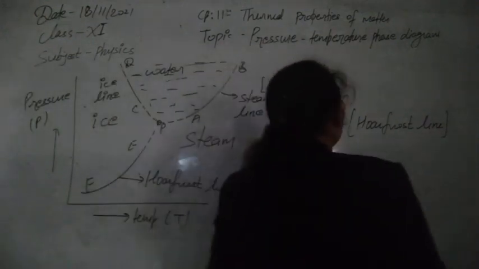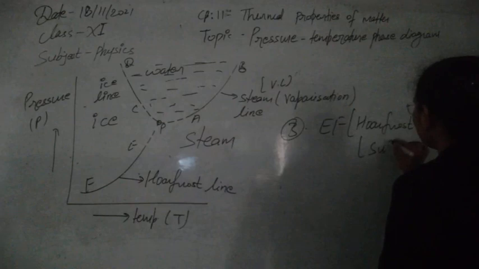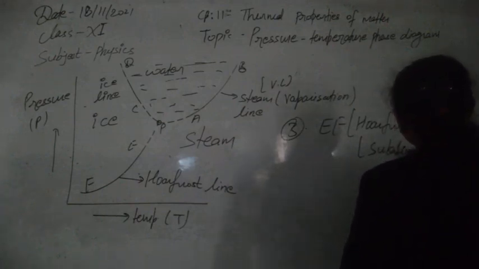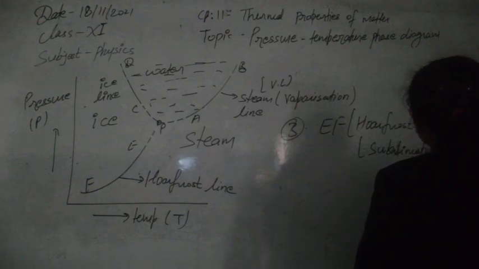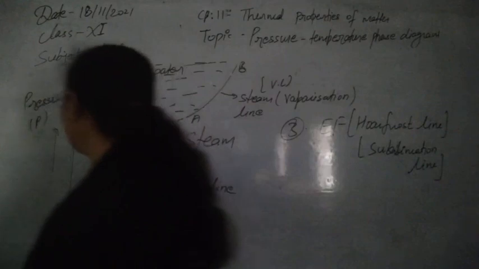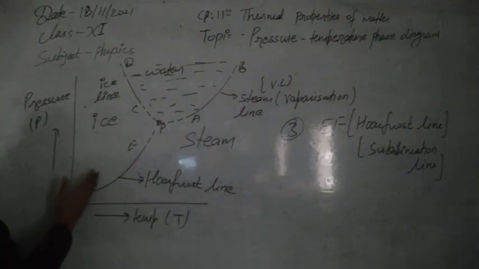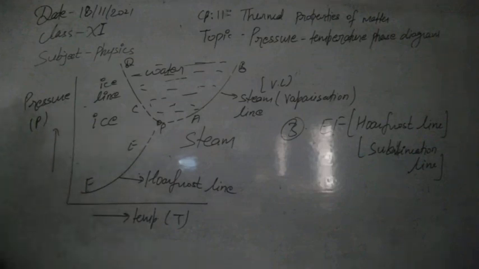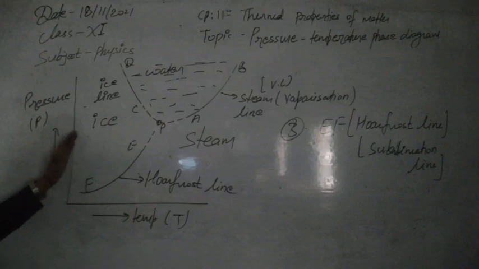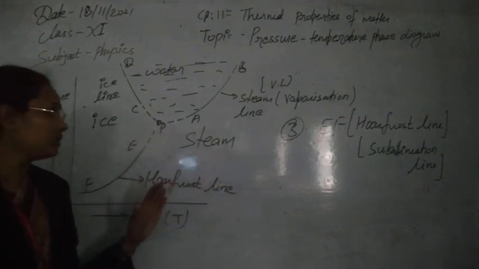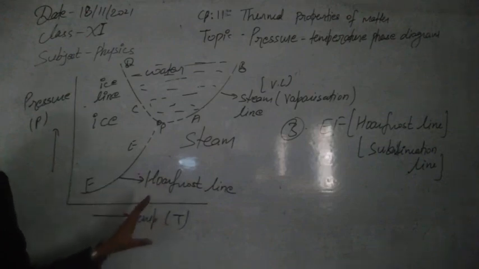But in general it can be written as the sublimation line. The sublimation line says that on this side, for lower pressure and lower temperature, it will be in ice form or solid form, but for higher temperature it will be in steam form or gas form.